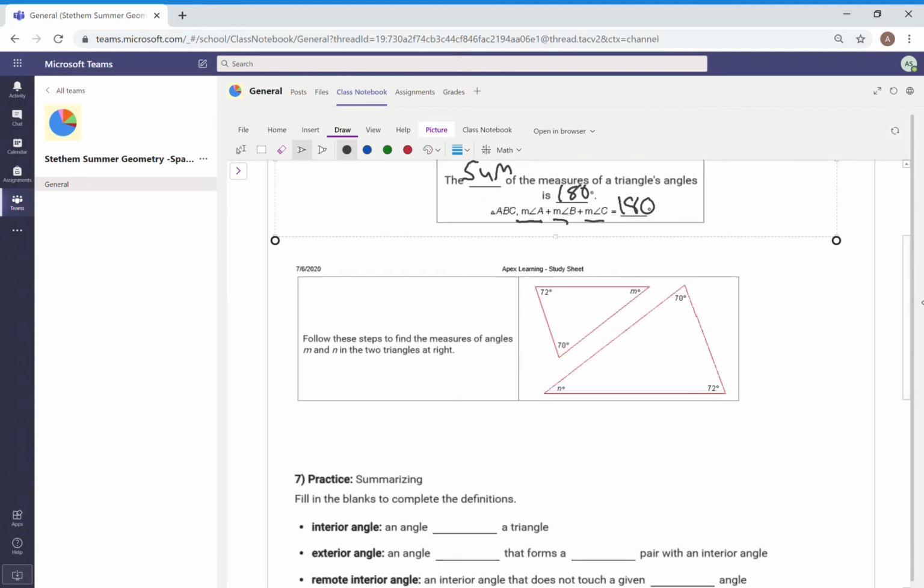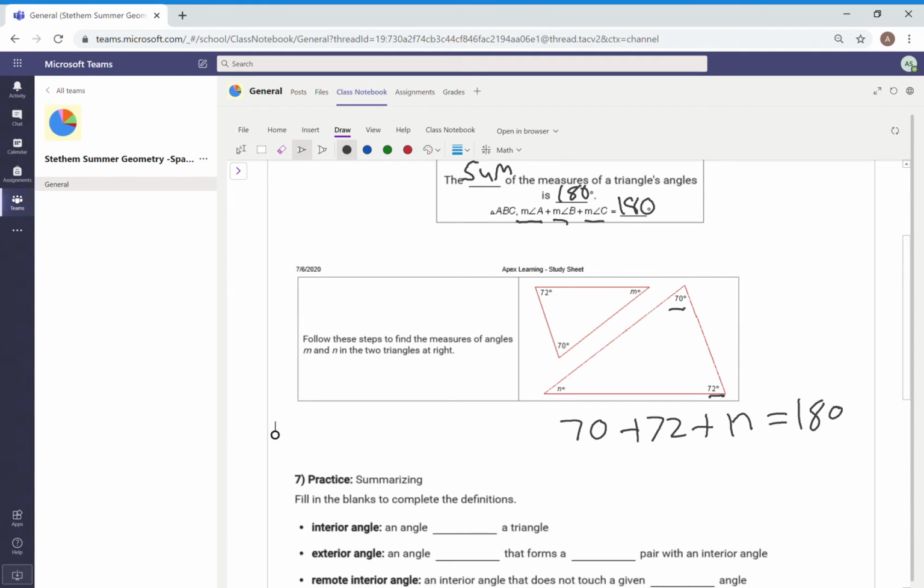I'm not sure why there's actually two triangles here. They have the same measurements, so we'll just solve for one of them. We have 70, 72, and N. Same numbers there, 70, 72, and M. But all you do here is you take this 70, then I'm going to take my 72, add it together, plus N should equal 180 degrees.